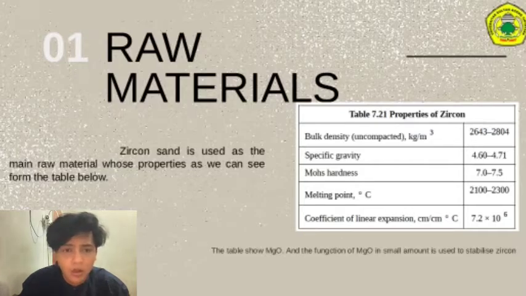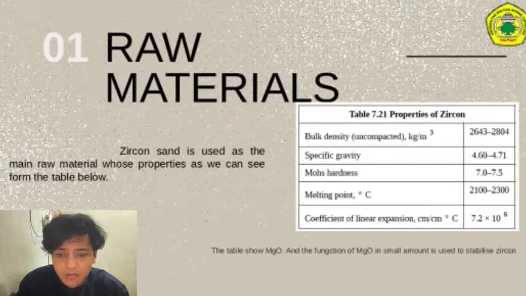The basic material in zircon brick is zircon sand. Zircon sand is the main raw material with these properties, as we can see from the table below: the bulk density is 2643 to 2804 kg per cubic meter, and specific gravity 4.60 to 4.71.